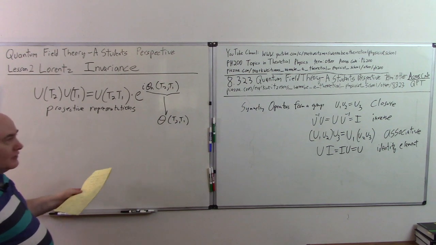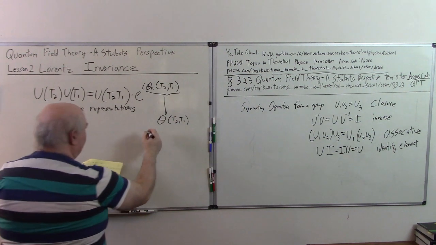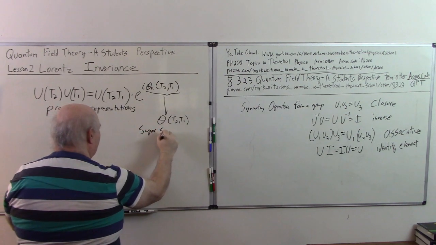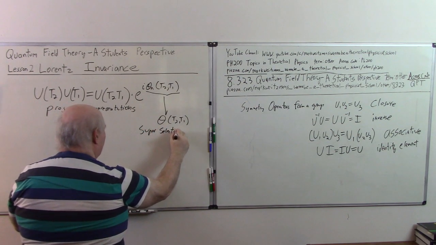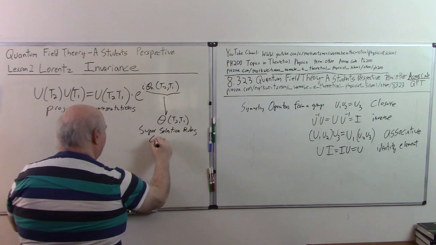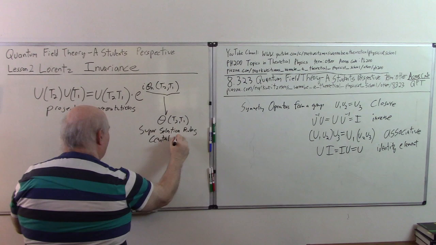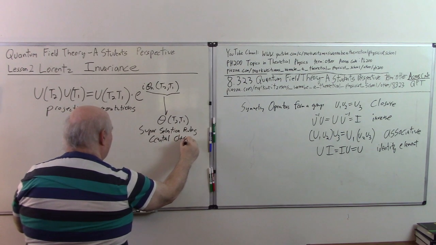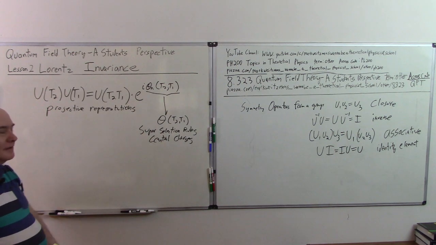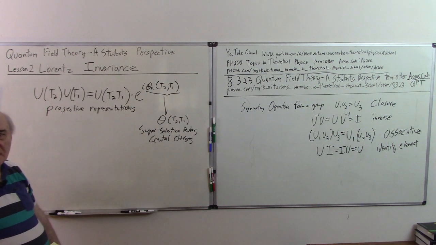And for those who know, there are things like superselection rules and central charges. And the central charges, for example, come up when you do a representation of the Galilean group.